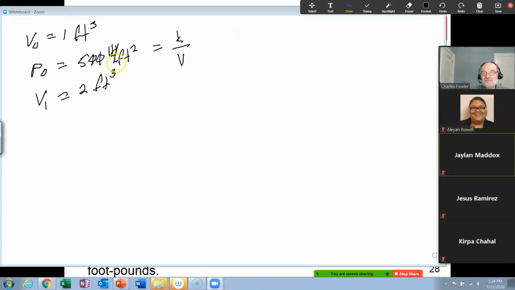Because you know this first thing, and you know the initial volume is 1 cubic foot, then you know that K is equal to 500 times 1. So that would be 500 pounds per square foot times 1 cubic foot, that would be foot pounds.